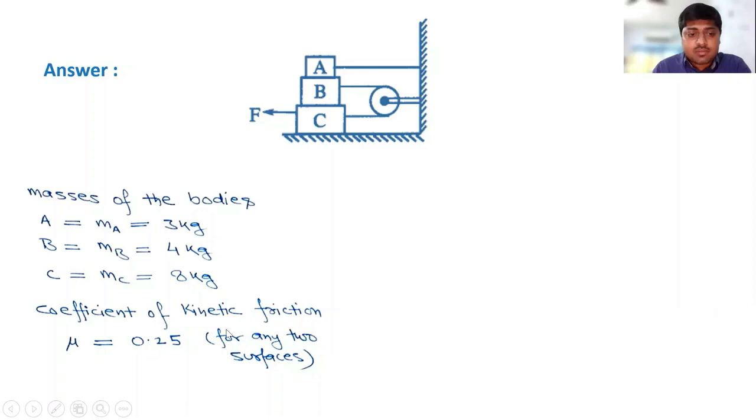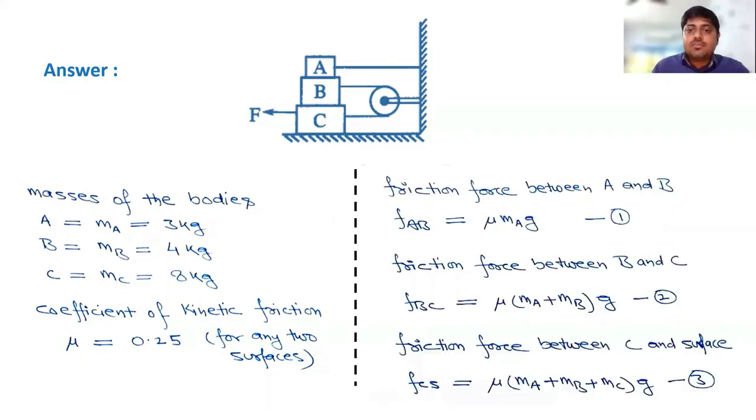Coefficient of kinetic friction is 0.25 for any two surfaces. Further, we can see that the frictional forces acting between these different surfaces can be calculated using these relations. The frictional force between A and B will be equal to mu times Ma into g, where Ma is the mass of the body on the top.